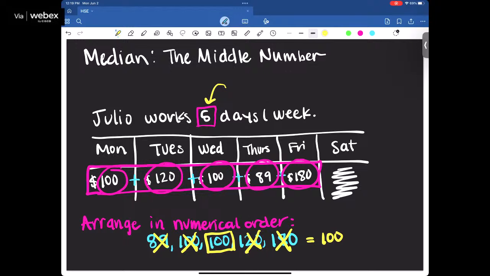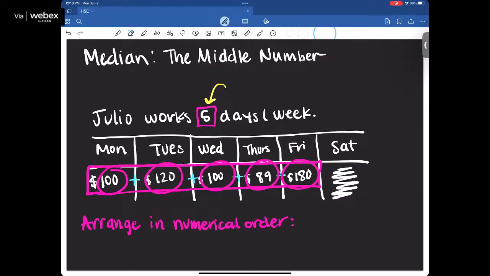Now, there are some times where you'll find two numbers in the middle, especially when dealing with even numbers. So let's pretend we had another number. We have 89, 100, 100, 120, 180, 190.